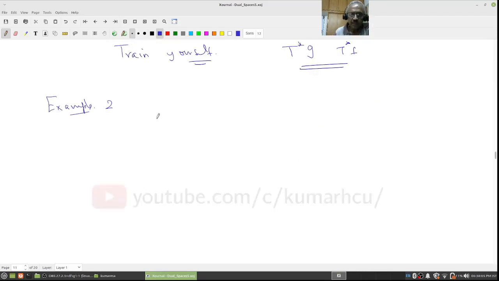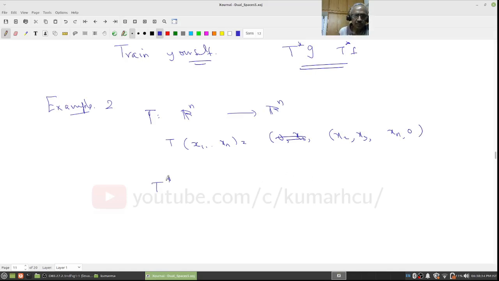So let us do something, suppose T is from Rn to Rn, okay, which is given as T of, let us say, x1, x2, xn is 0, x2, no, let me write x2, x3, xn and 0, right? Now T star, let me call it V, this is also V, if you W, therefore W star to V star, right?